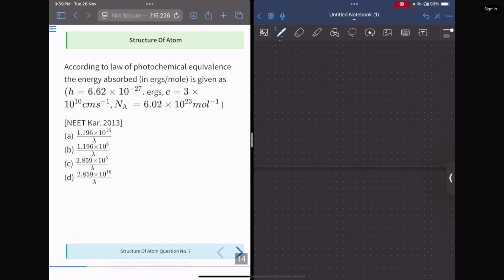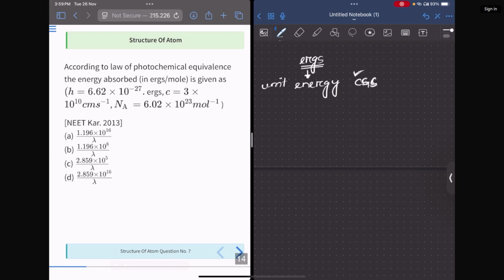According to law of photochemical equivalence, the energy absorbed in ergs per mole is given as. What is ergs? Ergs is the unit of energy in CGS system.